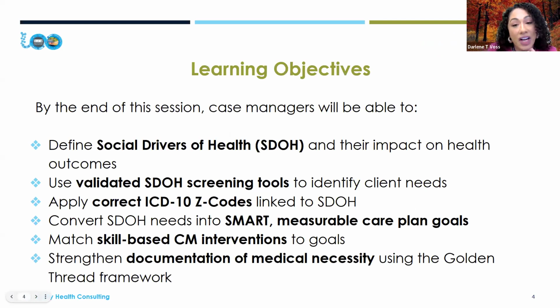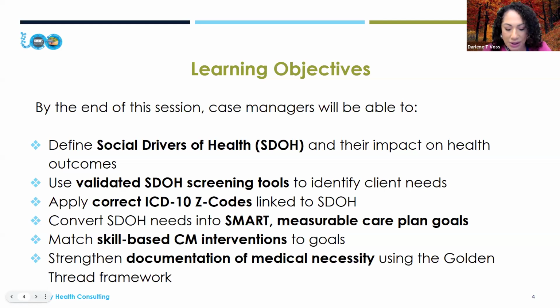We'll walk through how to define SDOH and how it affects health outcomes. You'll learn how to validate SDOH tools in a way that supports assessment, risk stratification, and care plans. We'll align screening results with the correct ICD-10 Z codes, which is very important for medical necessity and, of course, when being audited.